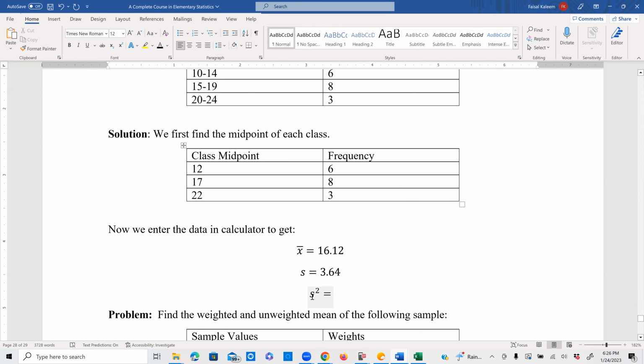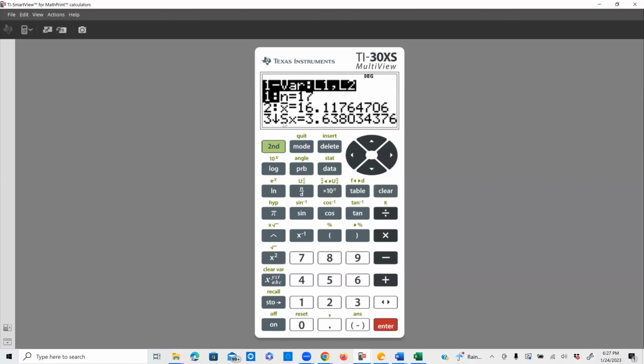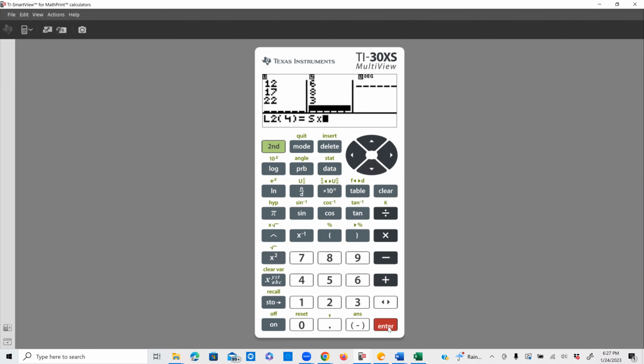And then S square is the sample variance. And this one is not given directly, so we need to square it. So we have the S. So once we go on Sx, we can hit the square button and enter.